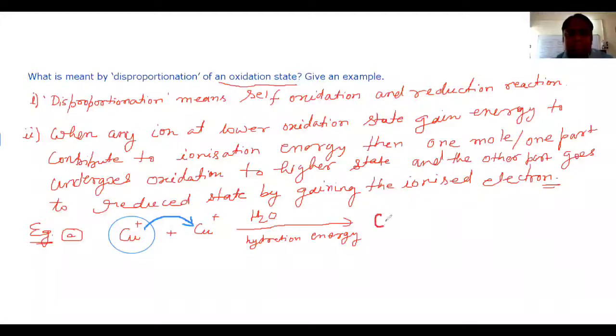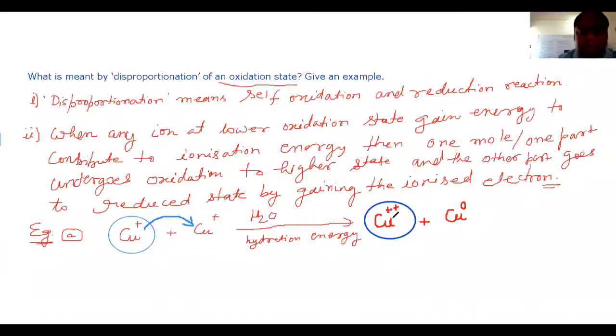and this will form Cu0. So it is a higher oxidation state and this is the reduced state. So one molecule is undergoing oxidation and the other is undergoing reduction.